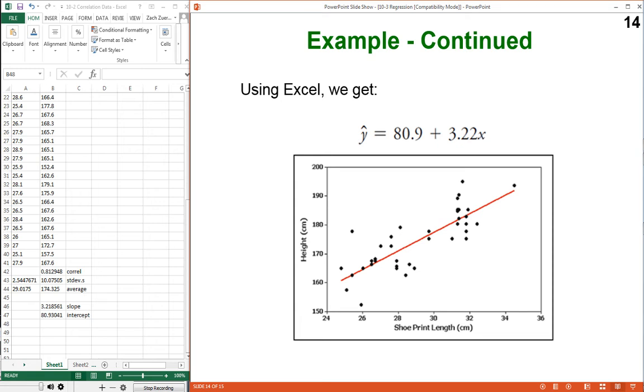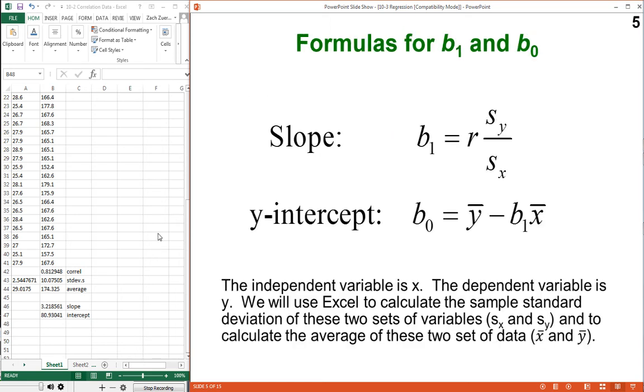Awesome. Using Excel, we got the right numbers. There's our slope, and here's the intercept. So remember these equations for the slope and the intercept of your regression line.